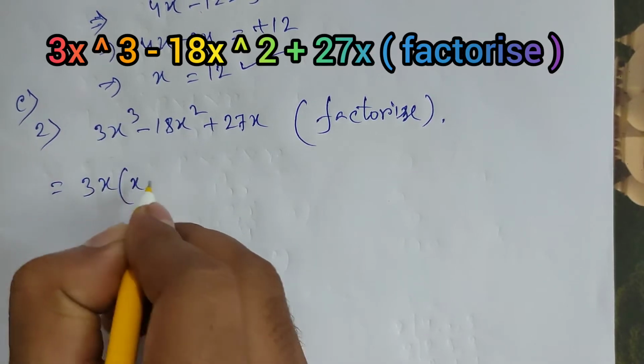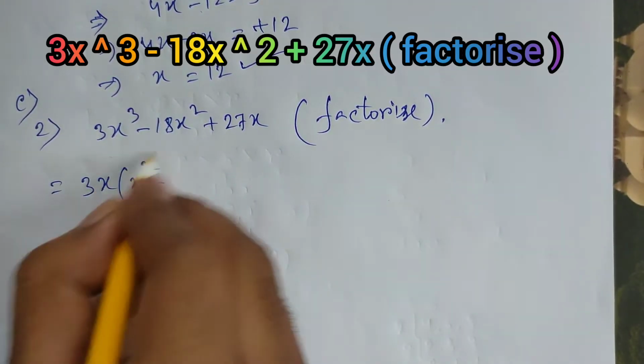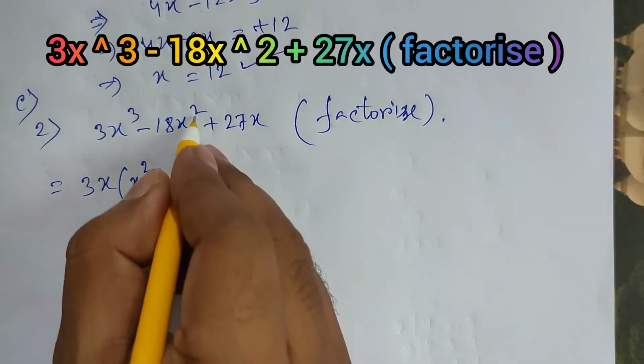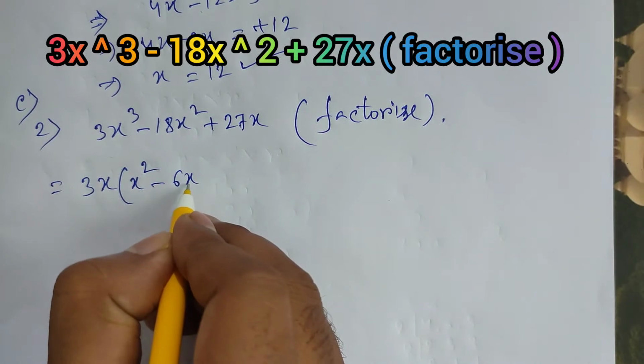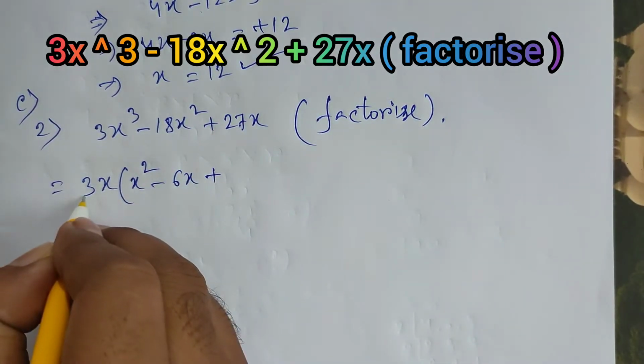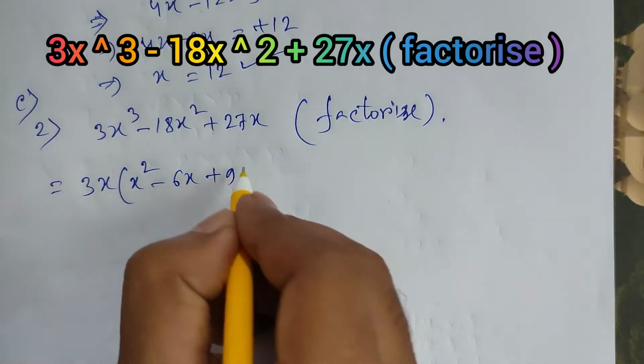Then what will be the common rest part? So it will be x square minus, 3 6s are 18, that means 6x, x square. X is common, that's why 1x will be here, plus from 27 we are taking 3, 9 3s are 27, 9 will be here, x common is there.